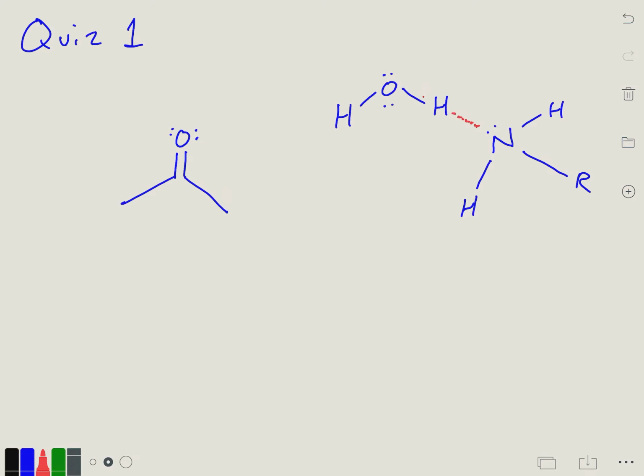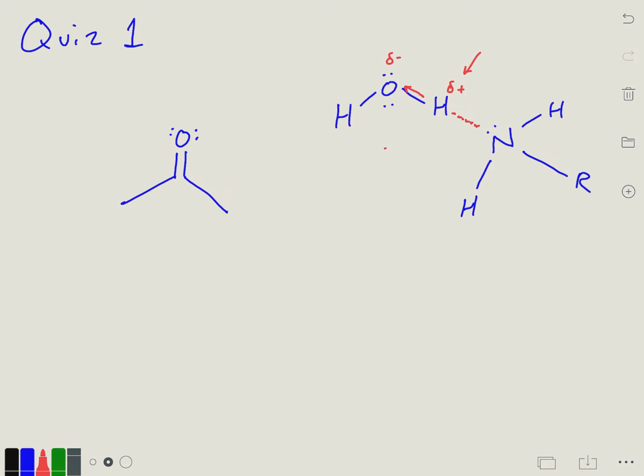And the oxygen is pulling the electron density away from this hydrogen, creating a little bit of polarity. So this oxygen has made this hydrogen positively charged. That makes it attractive to any negatively charged atoms, such as this nitrogen that it's hydrogen bonding to. In this case, we can see both players here.